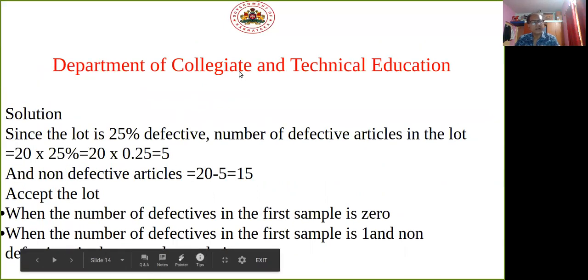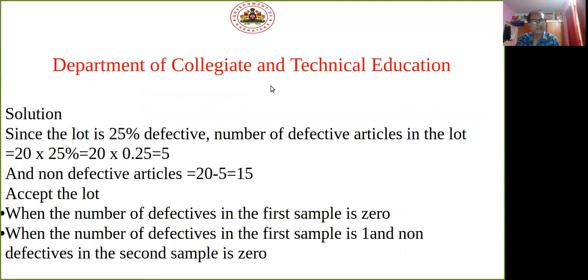Here is the solution. Since the lot is 25% defective, the number of defective articles in the lot will be 20 into 25%, so it is 5, and the non-defective articles are 15. Accept the lot when the number of defectives in the first sample is 0, or when the number of defectives in the first sample is 1 and the number of defectives in the second sample is 0.